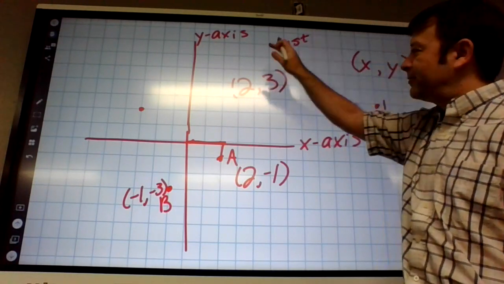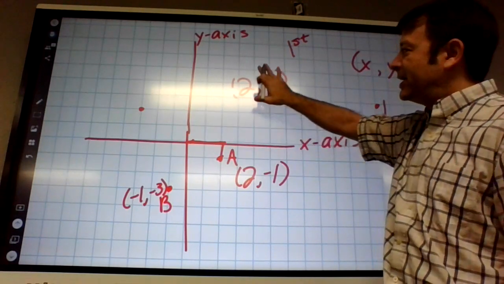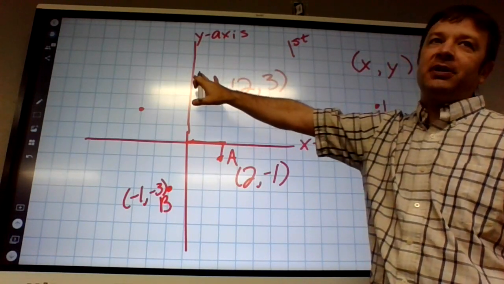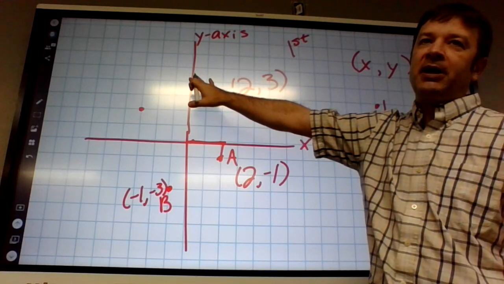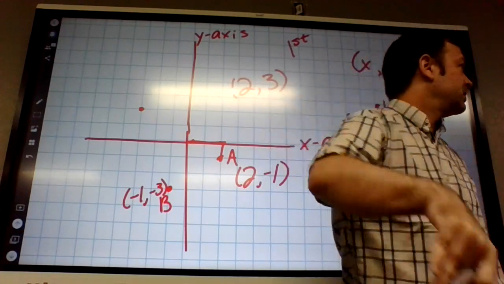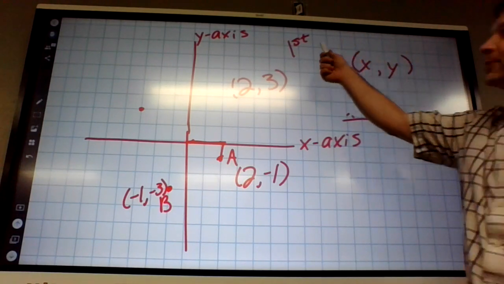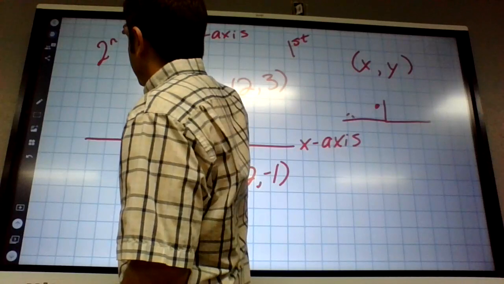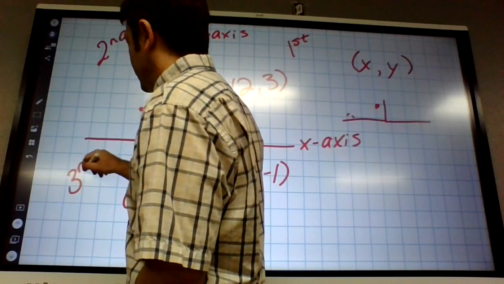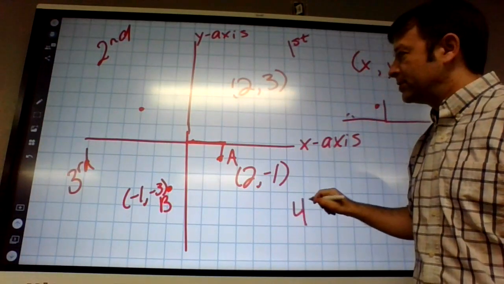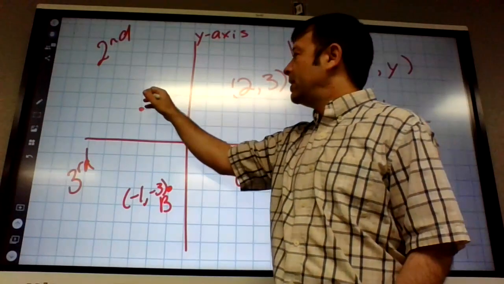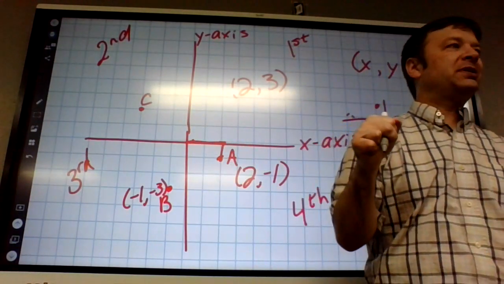I've probably called it the first because the x and y are positive here, and that's used in a lot of graphs. Then it goes counterclockwise from there. So this is the first, the second quadrant, the third quadrant, and the fourth.